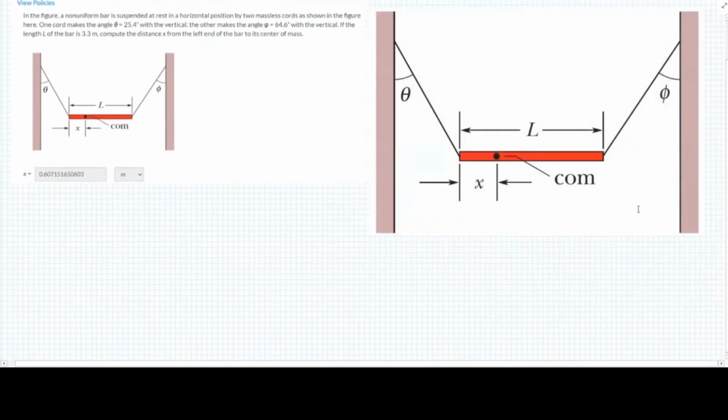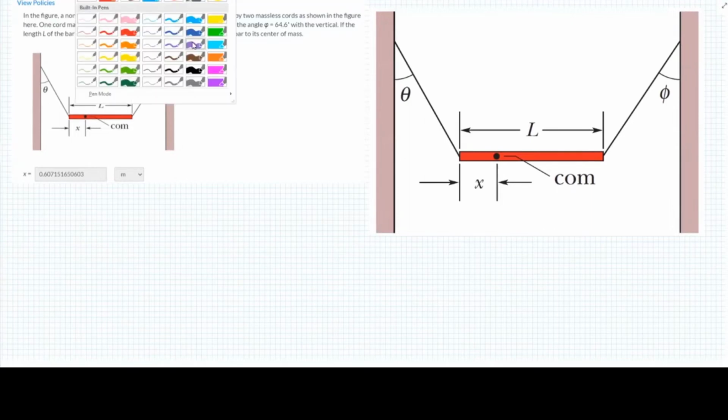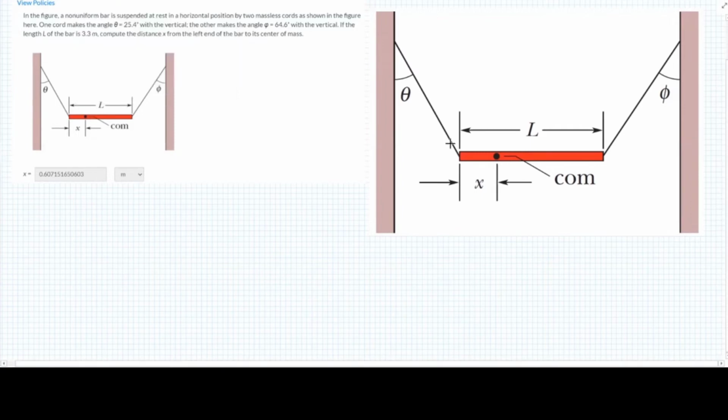Okay, so free body diagram. Free body diagram time. I have here's my tension over here. Here's tension over here. Here's my weight force right there.